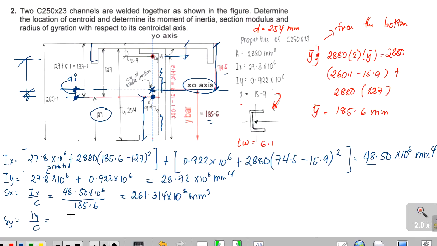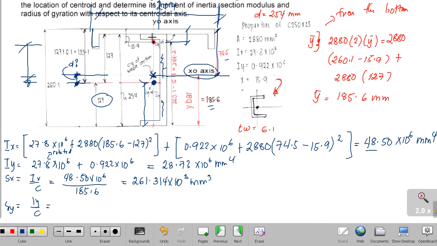For Sy, that is Iy over c. Iy is computed, equal to 28.72 times 10 raised to 6. And what is our c? The whole width is 254, and half of 254, since our y-axis is here, is 127. So c is 127.